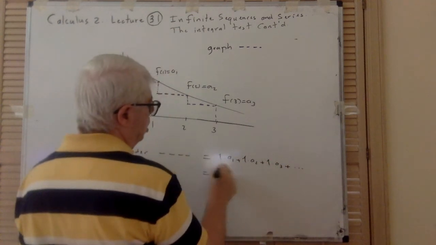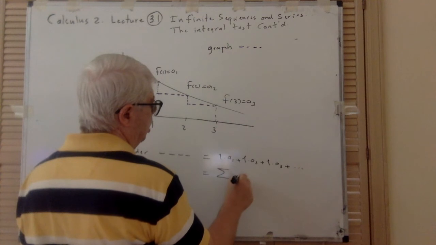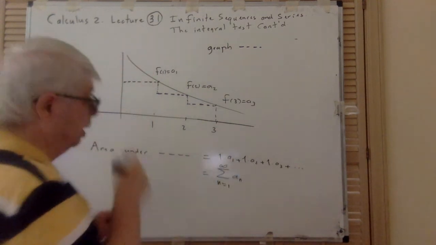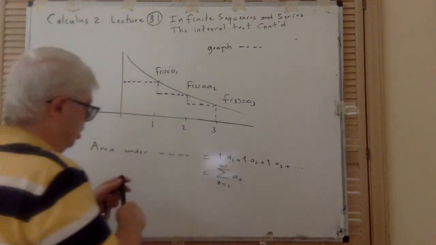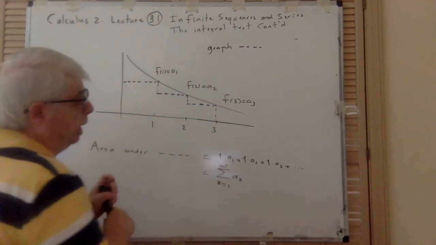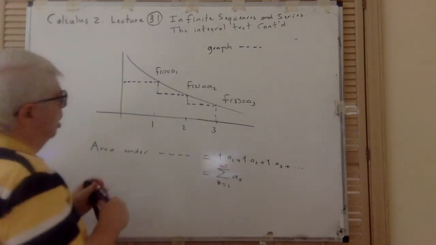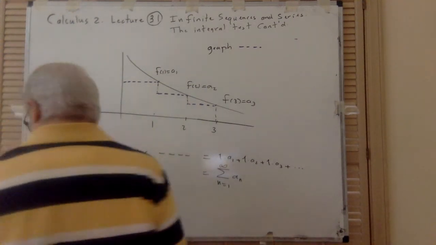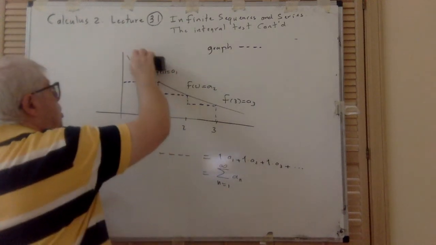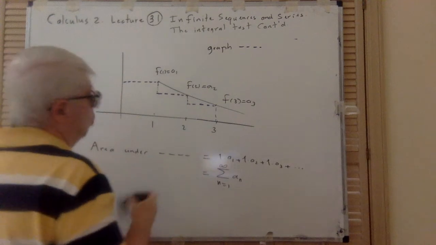So basically it is the sum of a_n from 1 to infinity. So this area is the sum of a_n. Now what happens to this area? Let me erase this area under the curve from 1 to infinity.